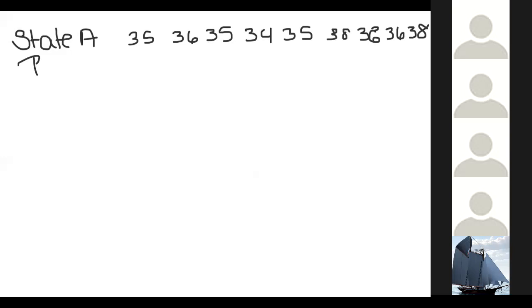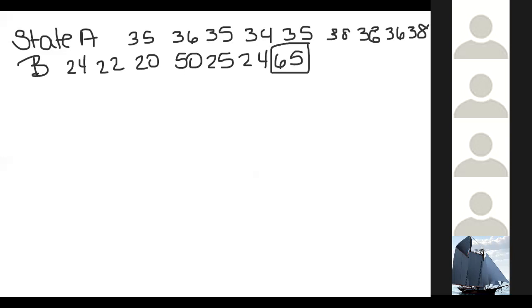And state B, and no, we don't care what it's about: 24, 22, 20, 50, 25, 24, 65, 25, and 26. Can anybody tell me why I boxed in that 65?